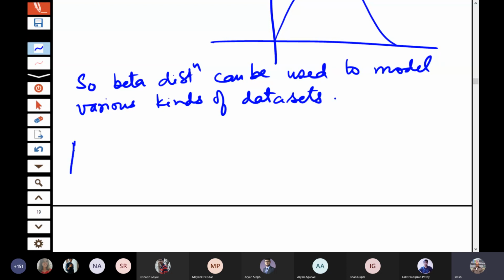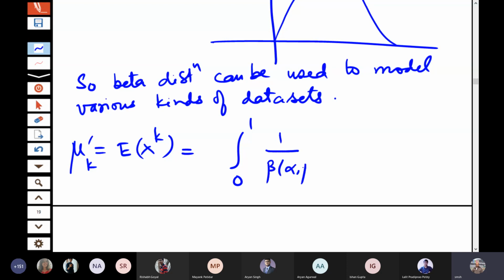So for example, what is the general form of the kth moment here? It is the integral from 0 to 1 of 1 by beta(alpha, beta) times x to the power alpha plus k minus 1, 1 minus x to the power beta minus 1 dx. So this is nothing but the beta function.